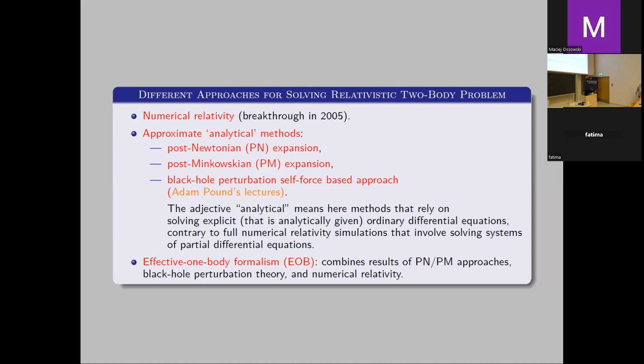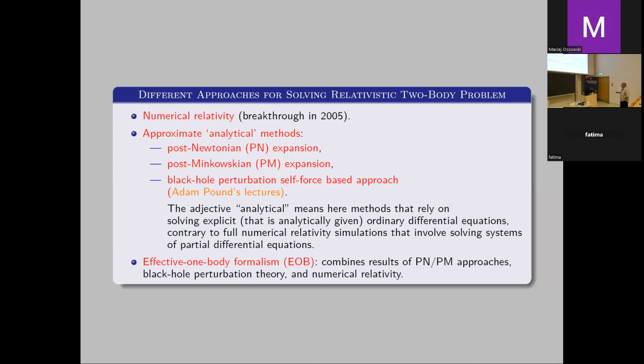Contrary to full numerical relativity simulations in which you solve the full system of partial differential equations, that is Einstein equations. The time difference in performing this task is enormous, as you know.